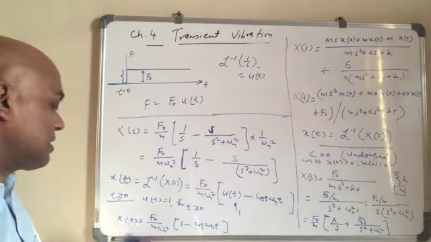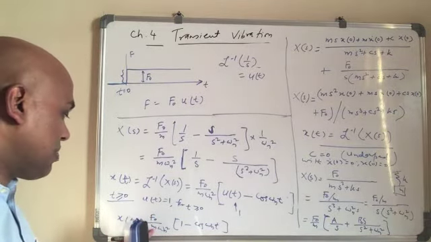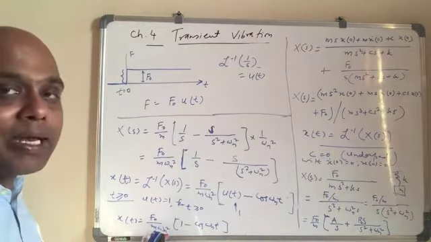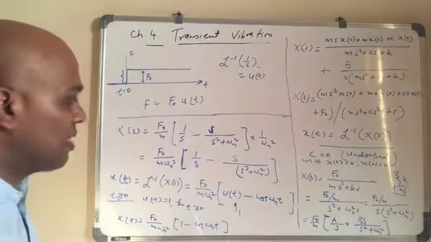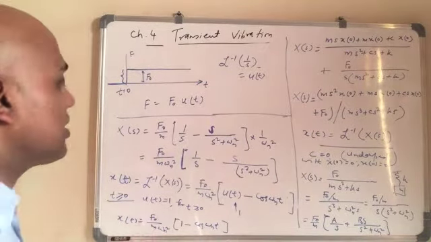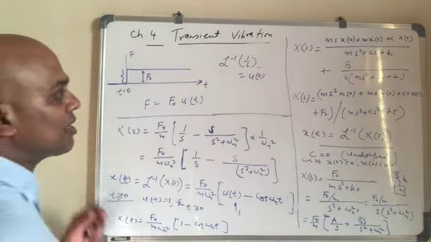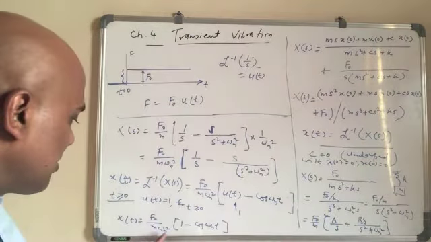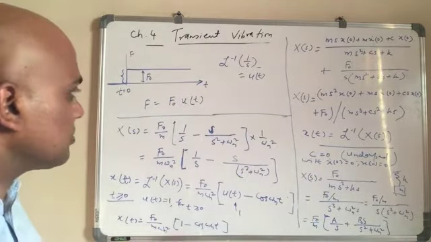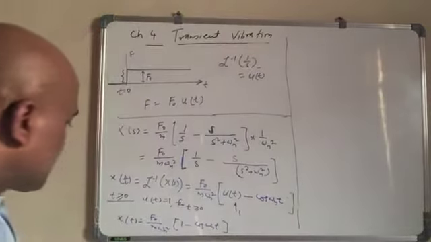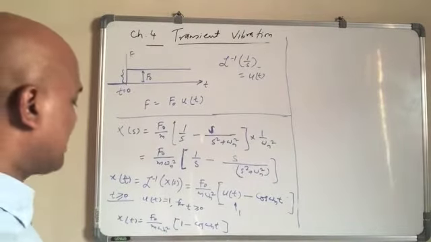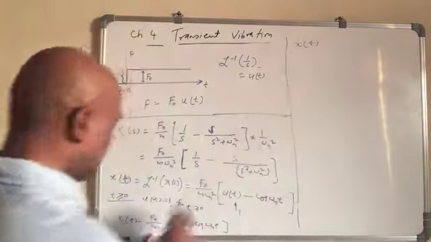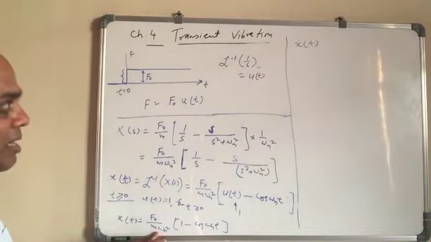Now we can do further simplification. What we see is F naught over m omega n squared. So we can replace m omega n squared with some value which will be more appropriate, and you can recognize it very readily. So let's simplify further.